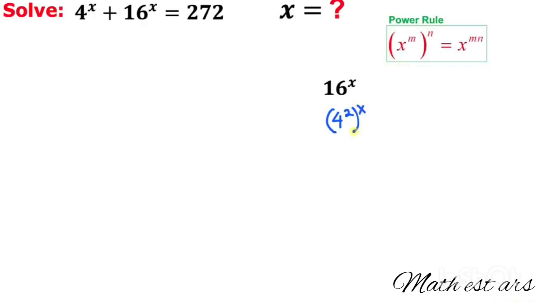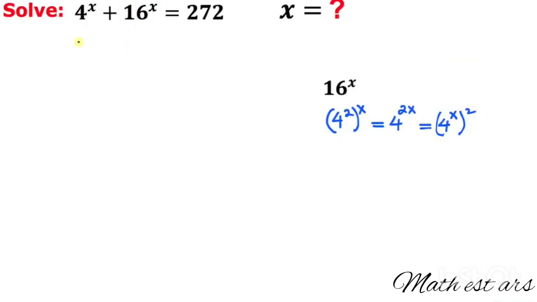Now, since we are dealing with this nested exponent, we are going to apply the power rule of exponents. So this could be written as 4^(2x), and this in turn could be written as (4^x)^2. So I am going to replace this term by (4^x)^2.